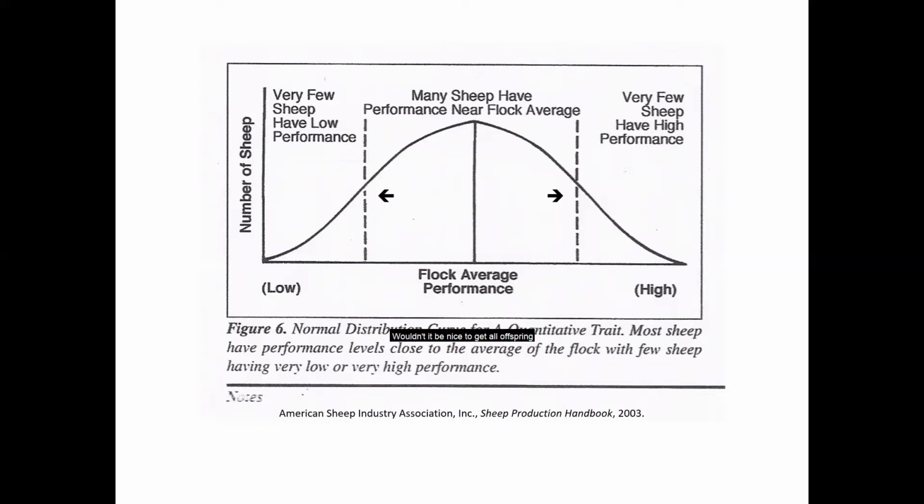And this is for any given trait, but most animals will be toward the center. Now, there will be some that will have high performance. Wouldn't it be nice to get all offspring that are high performers? Kind of a Lake Wobegon situation where everything's above average. Well, that's not realistic because you're also very likely to get offspring that are poorer performers than their parents.